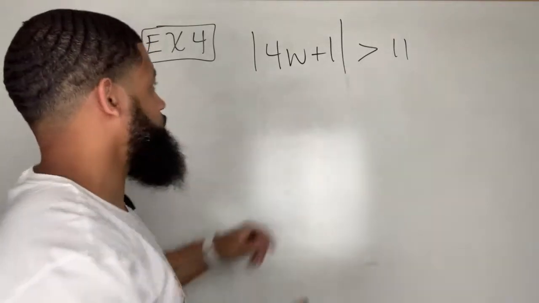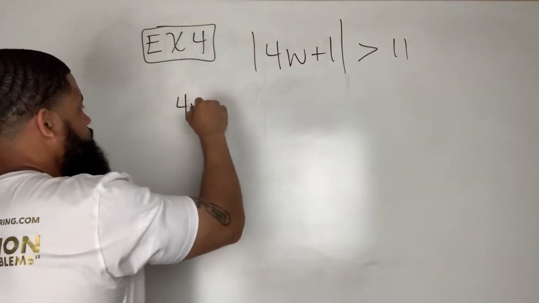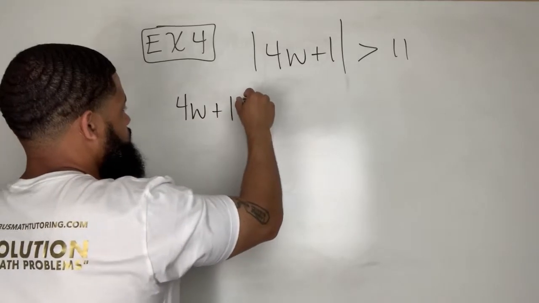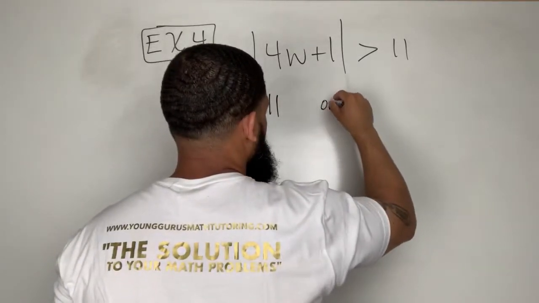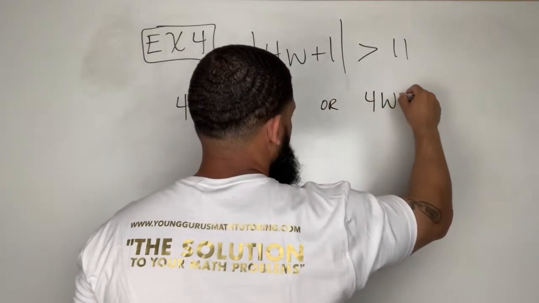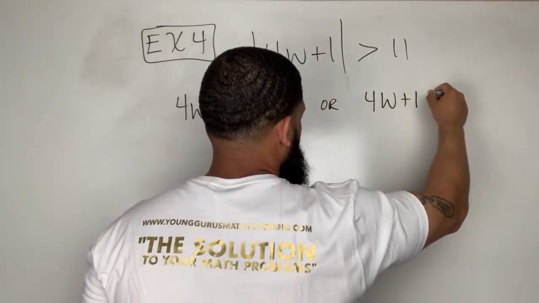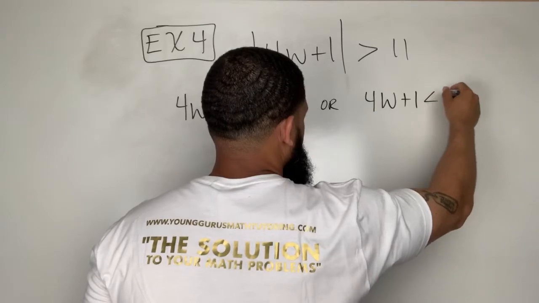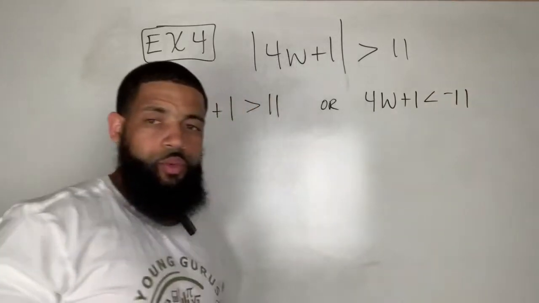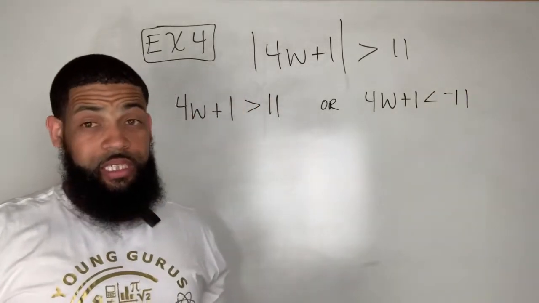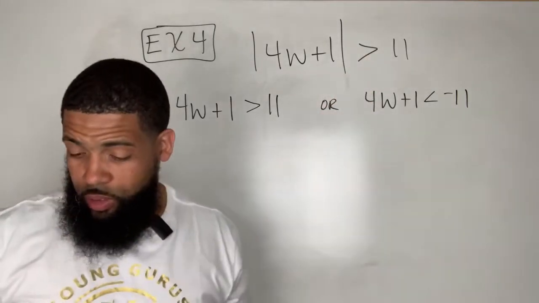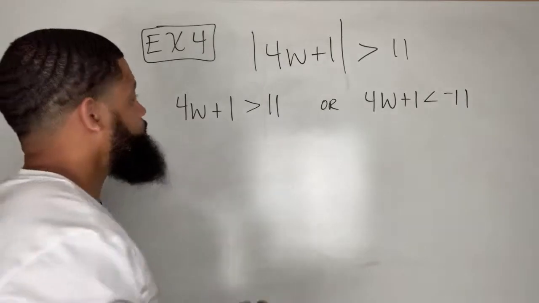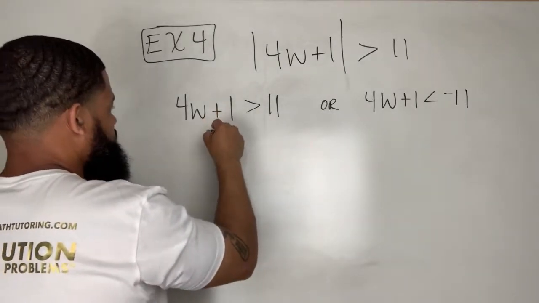Notice it's the greater than, so we want to say 4w plus 1 is greater than 11, or 4w plus 1 is less than negative 11. Okay, so we want to do that from both sides. It's slightly different simply because of this being a greater than symbol. Okay, so we'll solve this one first.